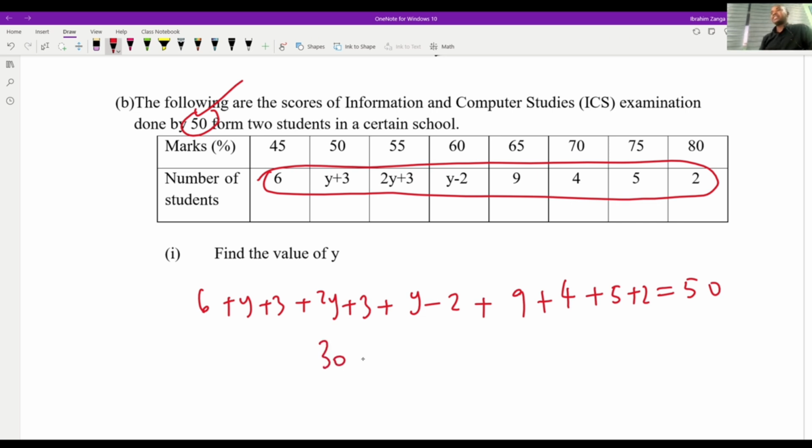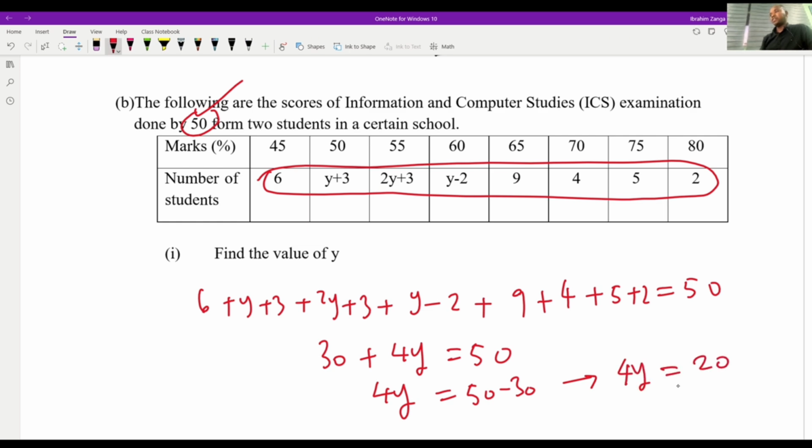So you get 30 plus 2y plus y, which will be 3y, plus y again will be 4y, equals 50. So 4y will be 50 minus 30, and eventually we'll be saying that 4y will be equal to 20.